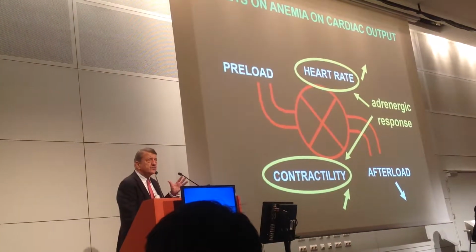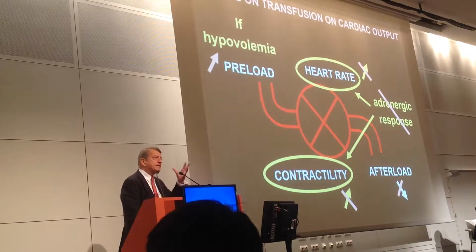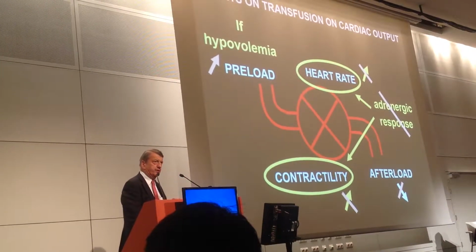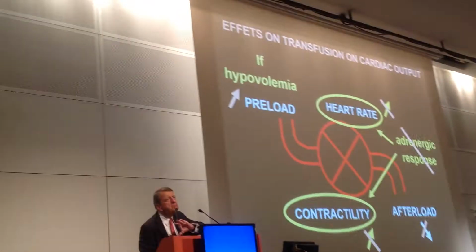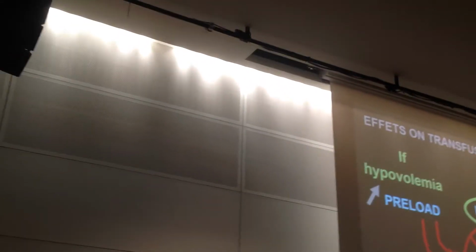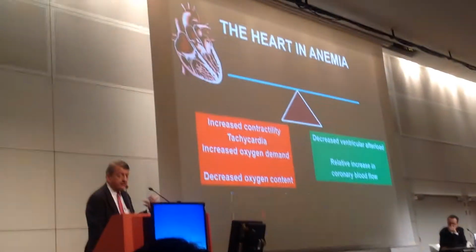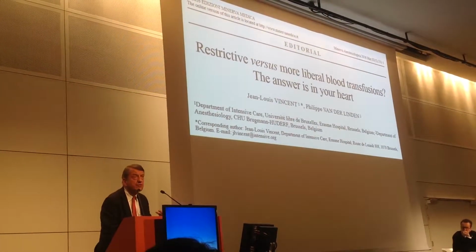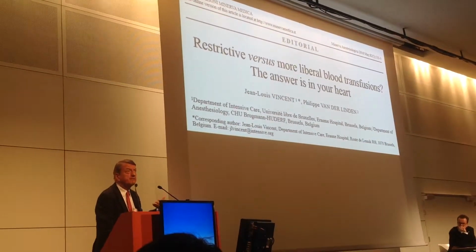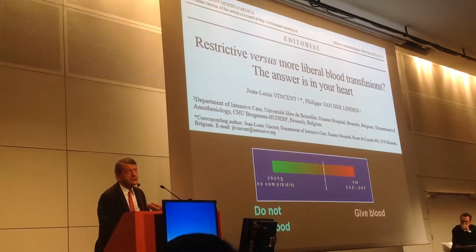So, you know, some people say we should not give blood unless the hemoglobin level is below 70. I disagree. I think it can be true, it can be false, because giving blood may actually change the compensatory response of the patient. So for the heart, it could make a difference. We wrote this editorial with Philip van der Linden recently saying, you know, the answer is in your heart.